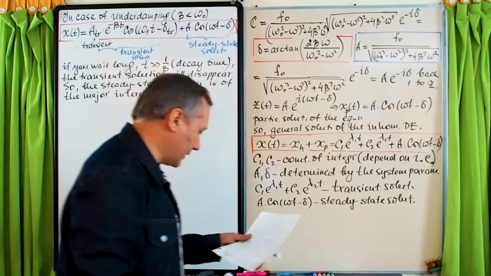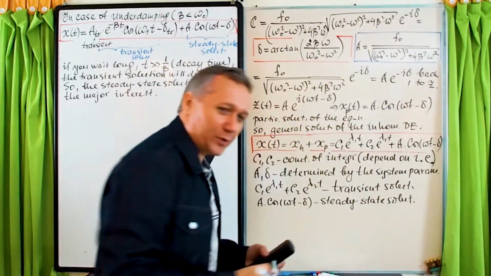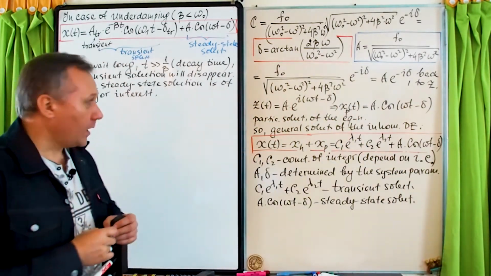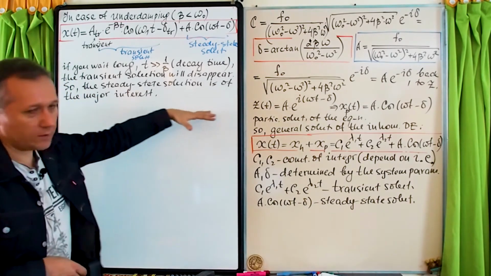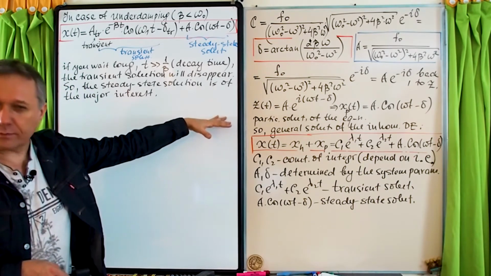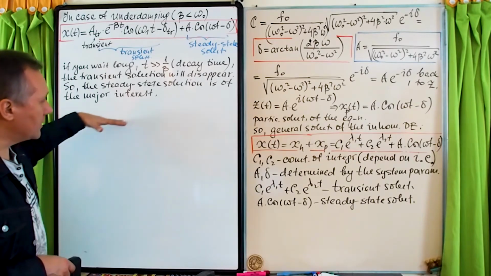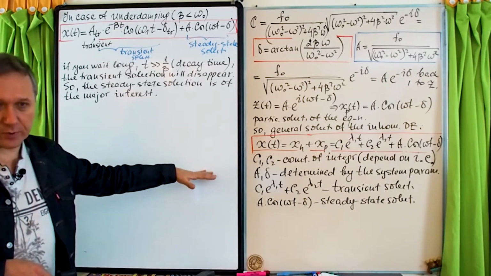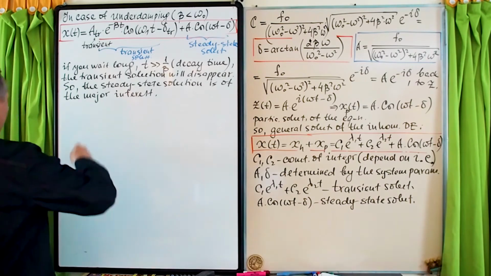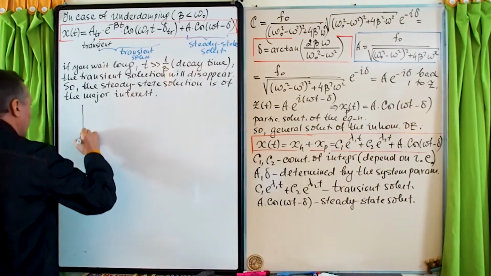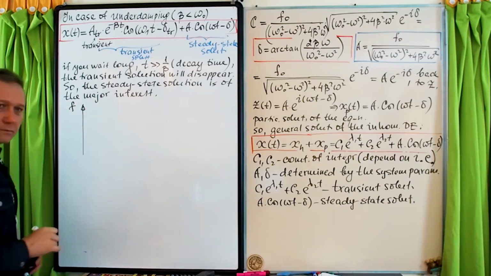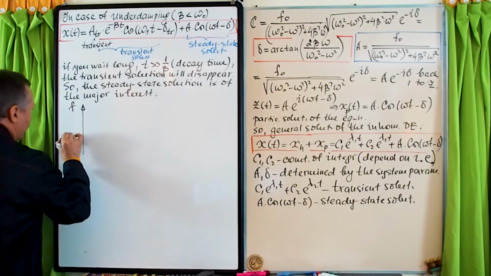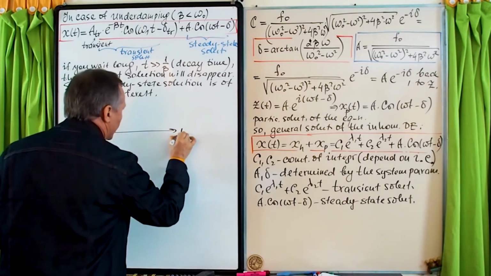Okay, so I remember I promised to plot something. So let's plot. I just want to juxtapose the time dependence of the driving force and the time dependence of the system's response. Let's say this is F, force versus time.